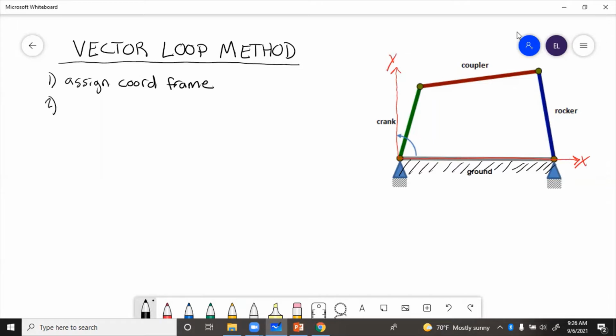So then step 2 is to assign a vector to every link. Basically, you'll just want to connect the dots with arrows. The direction of the arrows does not matter. What's going to be important is if we write the equations to match the diagram.